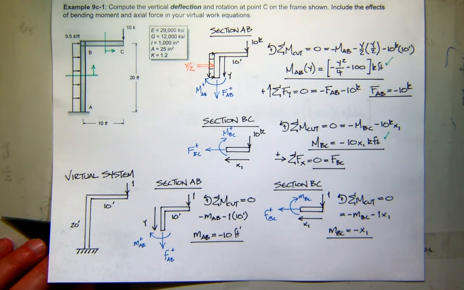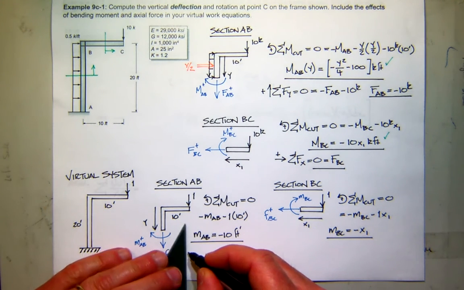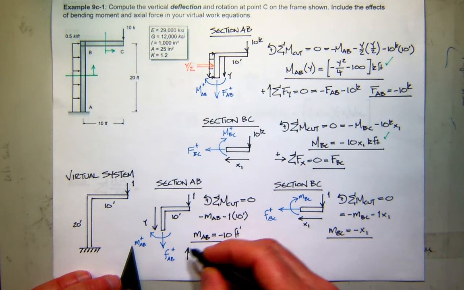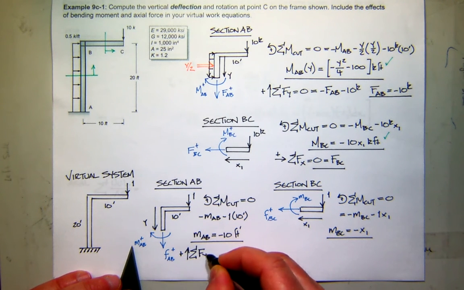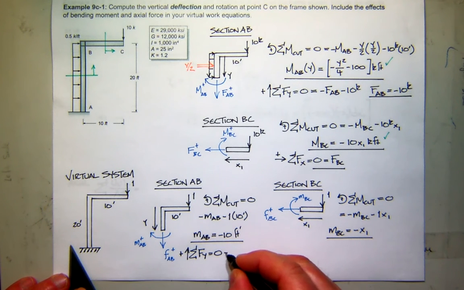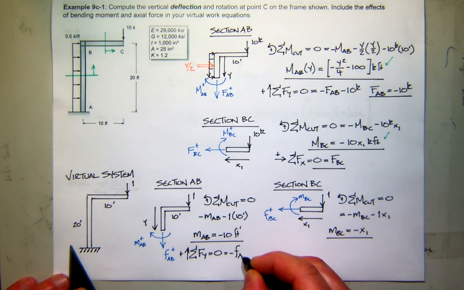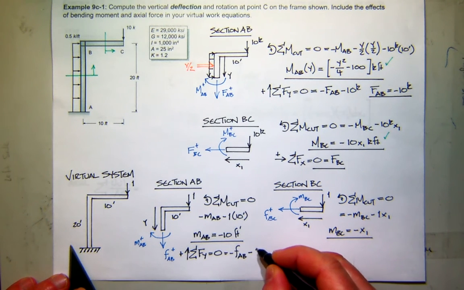Oh, I forgot to do it, didn't I? I forgot to get it. Oh, let's go back and do it. So we need to sum forces in the y direction here, assuming up is positive. So I have the virtual force acting down and the actual virtual force.